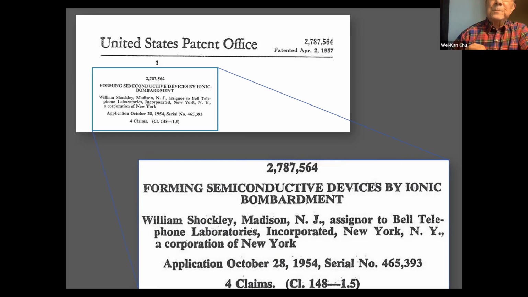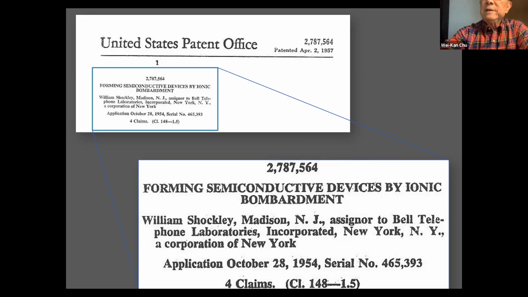Since then, Shockley was thinking about doping, which was done by diffusion. But how about implantation? He was thinking about using an accelerator, bombarding the germanium with boron or with arsenic to form a junction, and then use that junction. Therefore, he had this idea: implantation could be a way to dope the semiconductor.